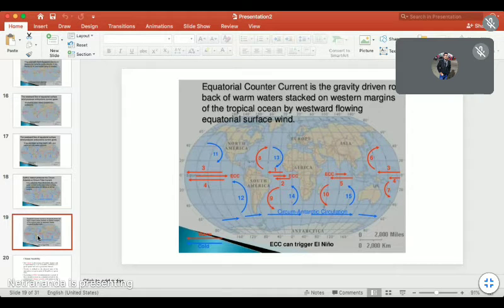This ECC is the equatorial counter current, because of the landmass, then coming back. This is also a factor that can trigger El Nino, the creation of El Nino.